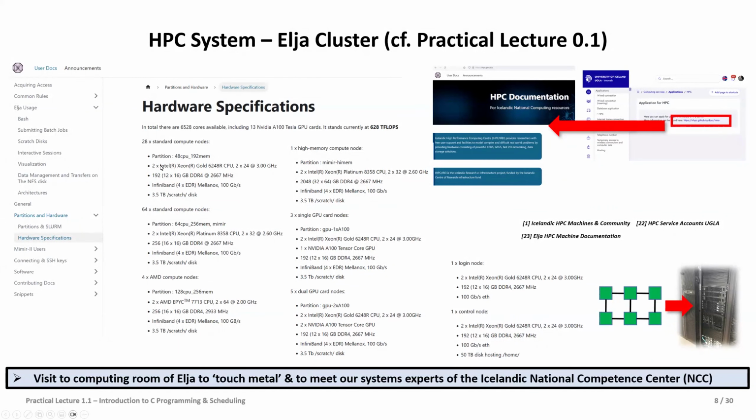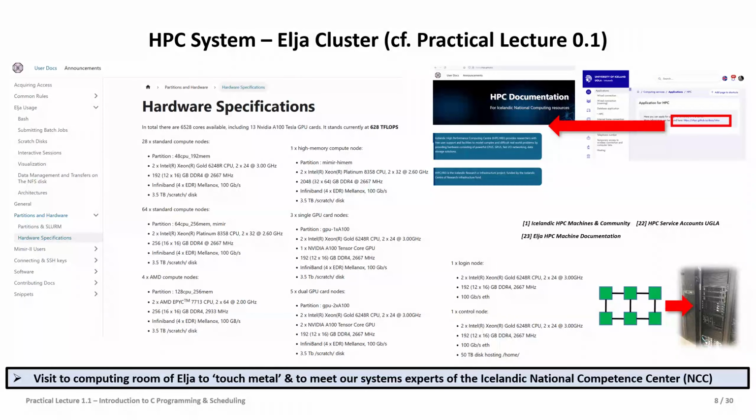Just one example. The other concept you see when you go to this documentation is a login node. The login node will be a central part of discussion today. It is where you end up when you do your SSH connection that you learned in practical lecture 01: you log in, and then you're suddenly in your home directory on the machine, on a so-called login node. The login node is a helper tool for the HPC system in one respect.